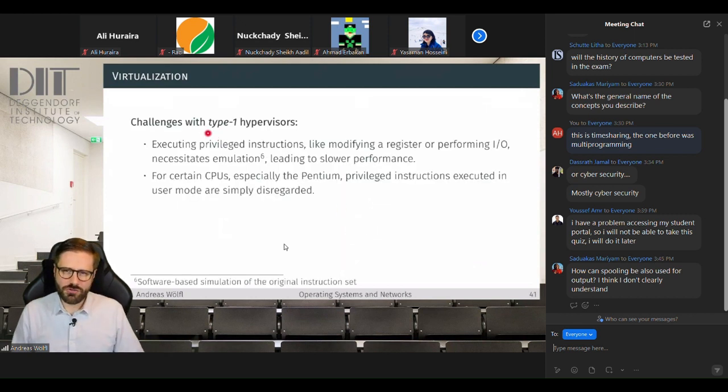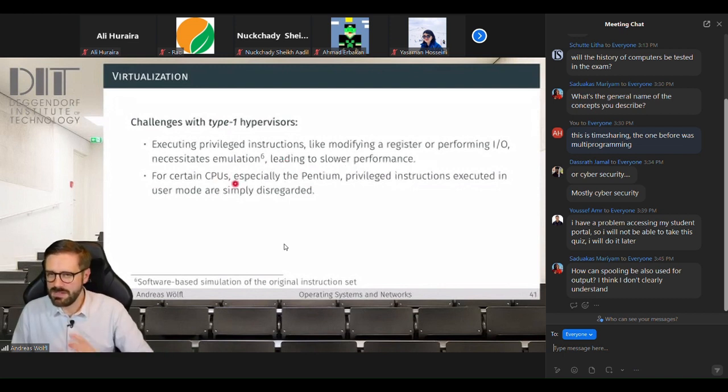So the challenge with type 1 is the instructions. We will learn what privileged instructions are next time. But it necessitates emulation of the original instruction set in type 1 hypervisors, which means slow performance.